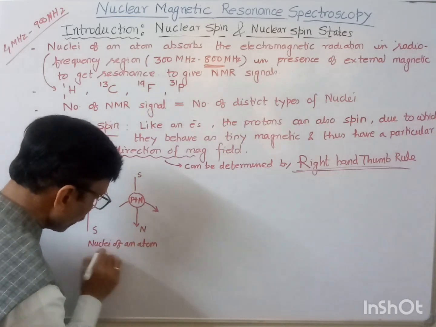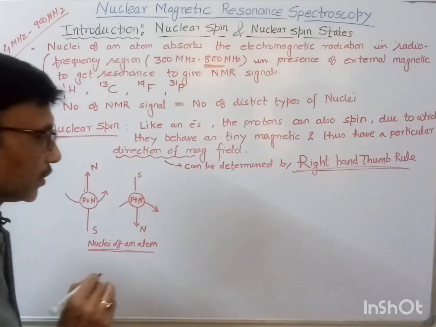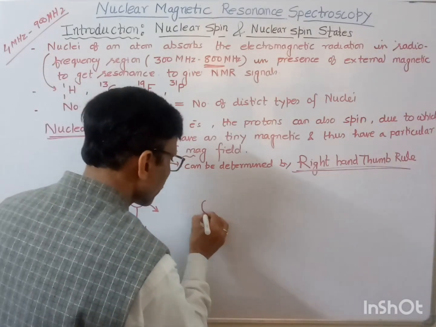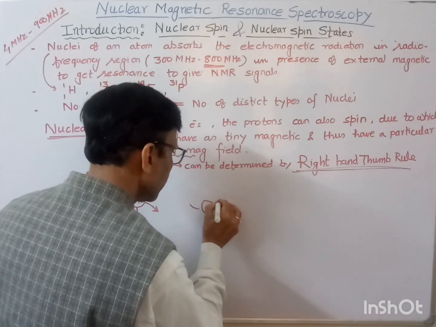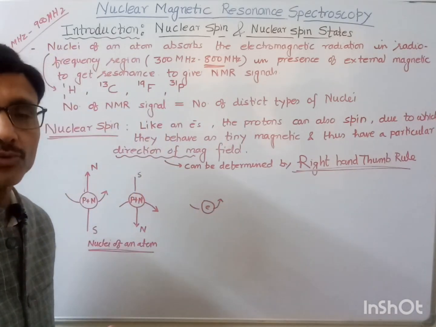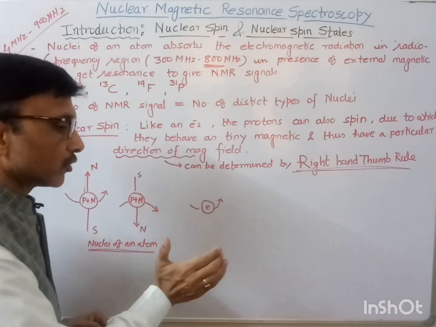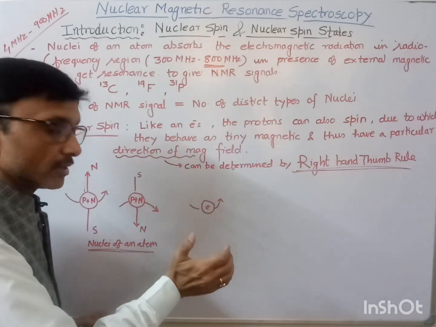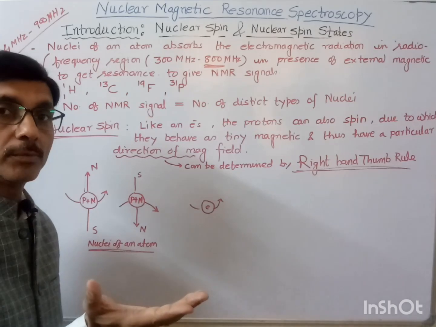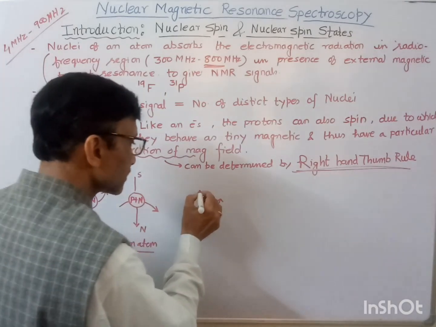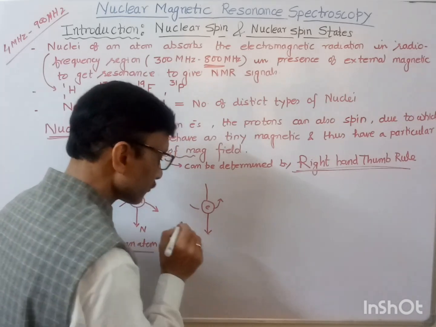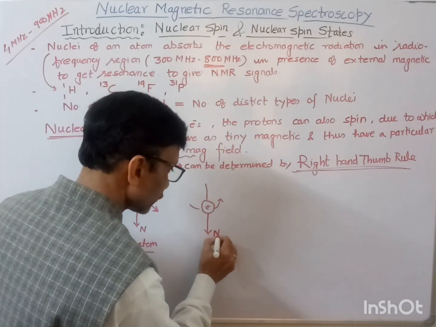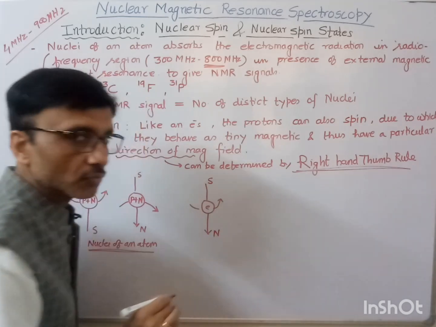For the electron, suppose it is rotating in an anti-clockwise manner, then according to the right hand thumb rule, the rule will be reversed. In this case, this would be the direction of the magnetic field. This is north, this is south.